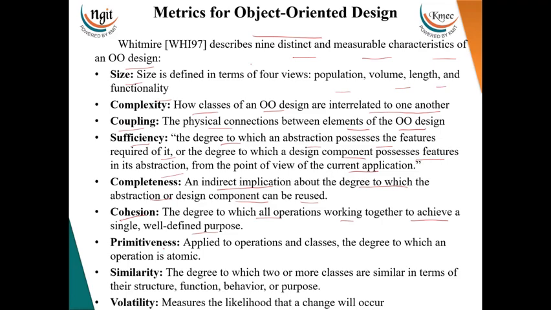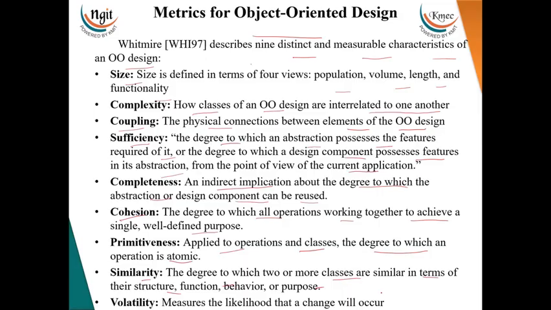Next is primitiveness, applied to operations and classes, the degree to which an operation is atomic. Next is similarity: the degree to which two or more classes are similar in terms of their structure, function, behavior, or purpose.